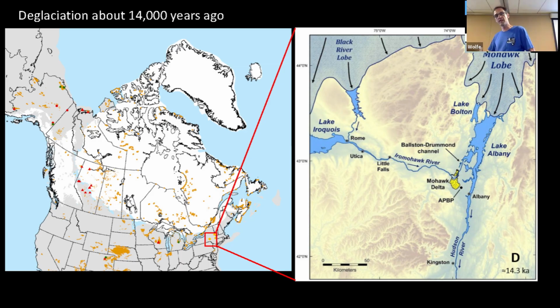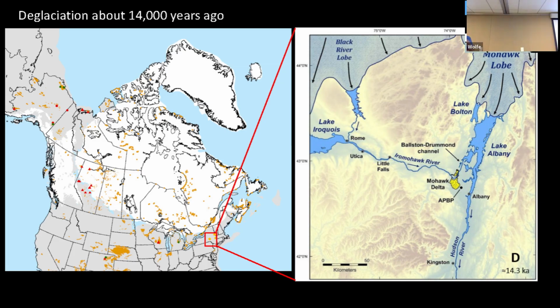However, around 14,000 years ago, the ice is gone, the waters have receded, and we're on what we refer to as the Mohawk Delta. Water that was running essentially from the Great Lakes through Rome came down towards the southeast into this region, depositing sands.